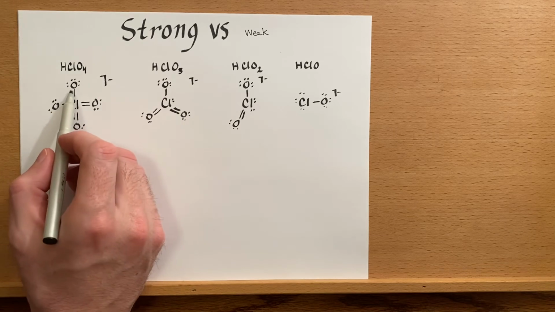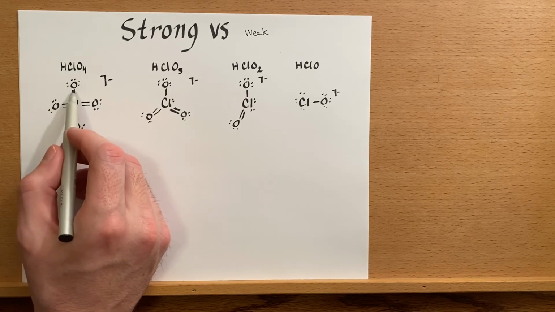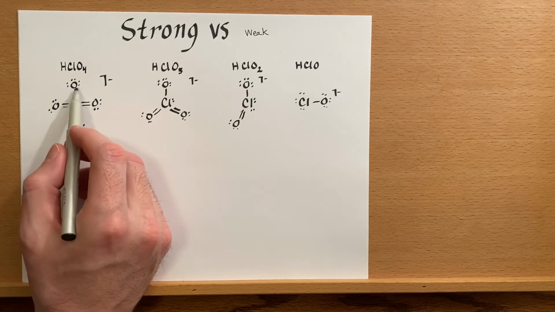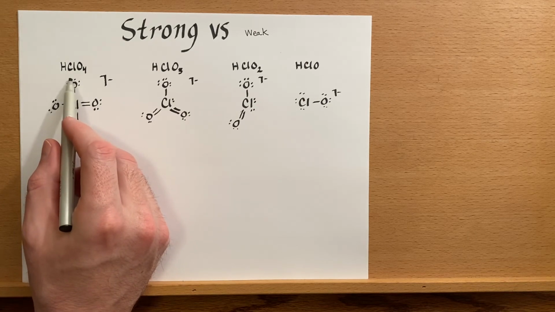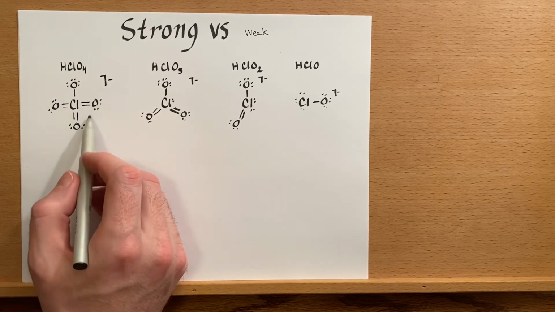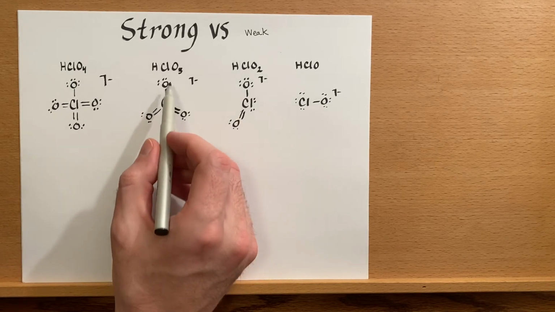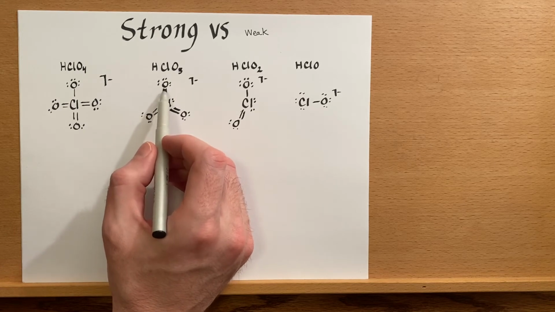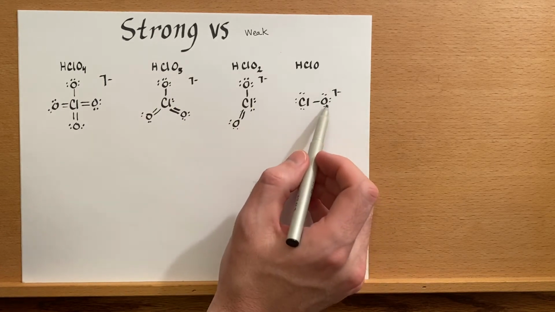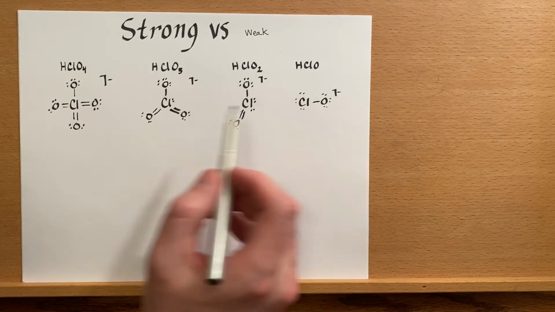You'll notice that there's a negative charge on this oxygen. If we add up the number of electrons around it, there's 7. 1, 2, 3, 4, 5, 6, 7. So this has a formal charge of -1. There's a formal charge of 0 on the rest of the atoms.